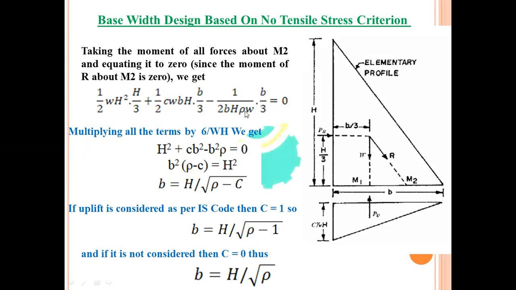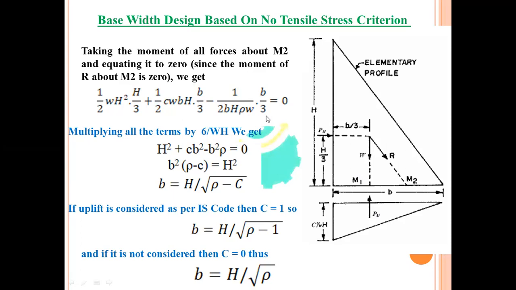Next one, B H rho W. This is the weight of the dam. It is acting at B by 3 distance from the heel, so into B by 3. It acts in the vertically opposite direction, that's why we are putting minus.